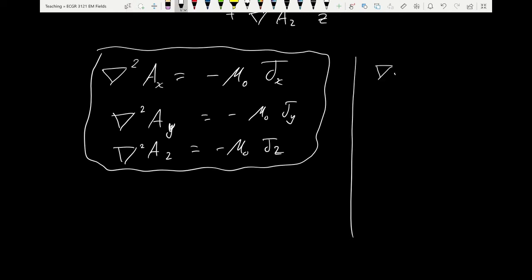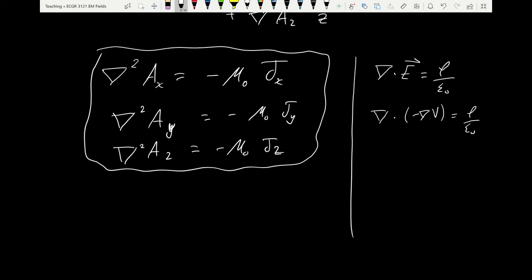I start with the divergence of E equals rho over epsilon naught. Instead of E, I write E as minus the gradient of some scalar field V, the electric field potential. So that's going to be rho over epsilon naught.